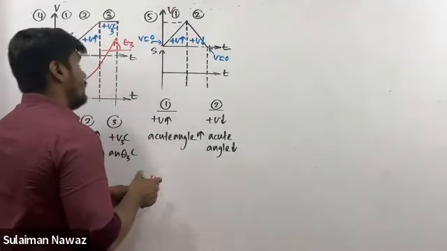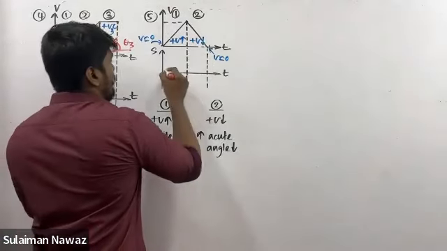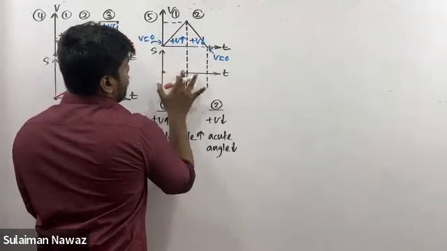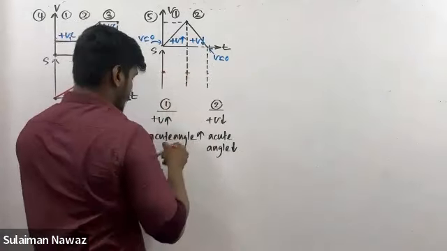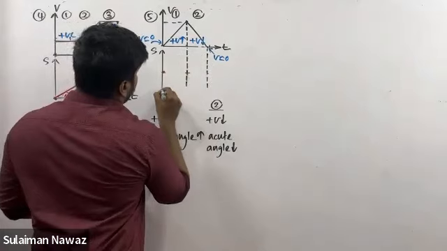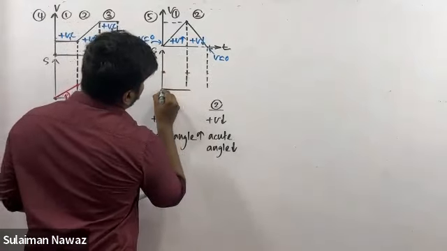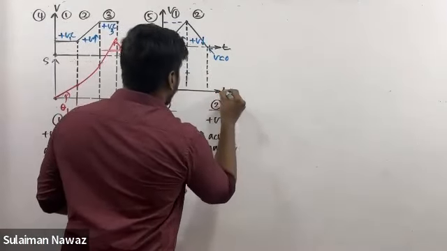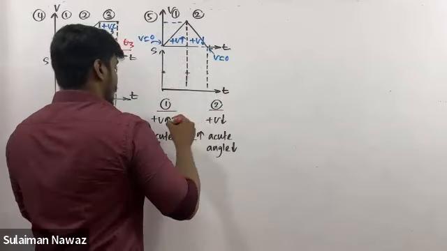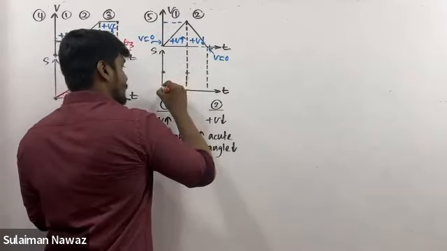Then velocity is 0. This is how your graph would be. Acute angle increases.